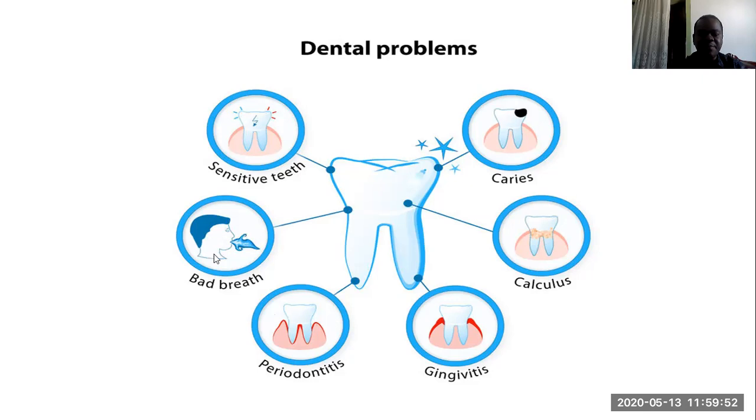Then another bad problem with dental problems is bad breath. When people have bad oral hygiene, the mouth is bad. If he breathes or talks, people can perceive an offensive odor coming out of his mouth. Then another one is what is called sensitive teeth.